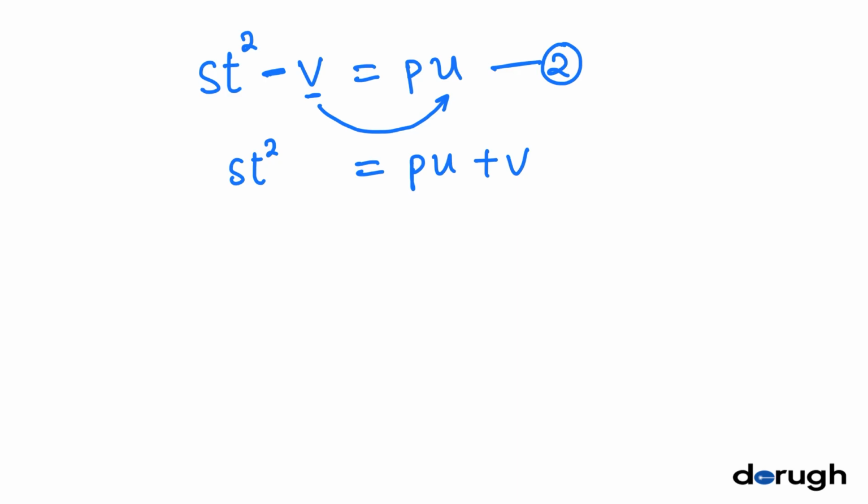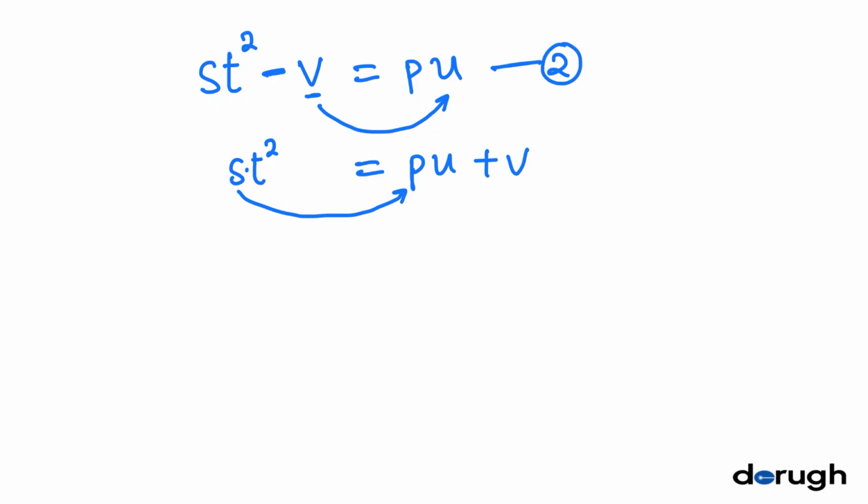So what we need to do is we need to remove the S. Remember, how is S attached to T squared? It's attached using a multiplication. I just put that dot there so you can see it. It's a multiplication. And so we need to do the opposite of multiplication, which is division, when we're sending S over to this other side.